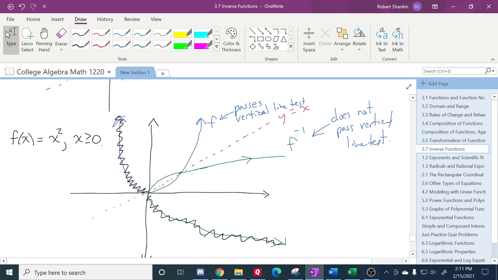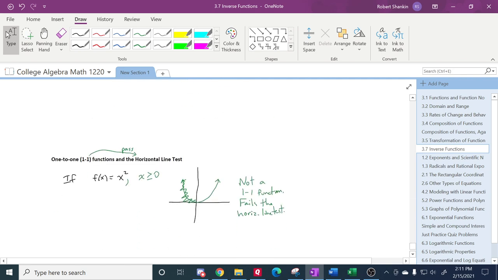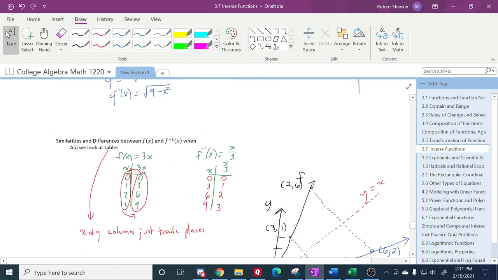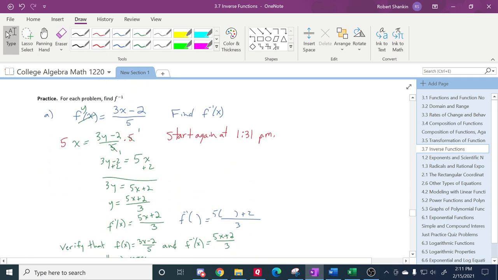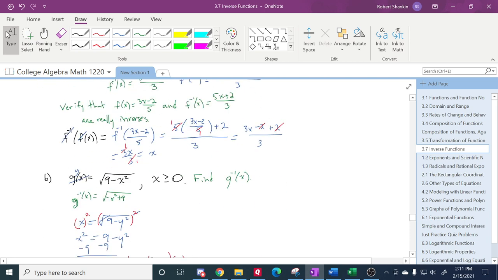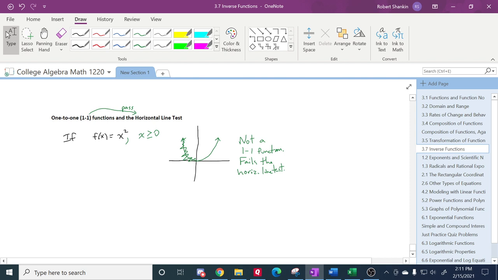X is greater than or equal to 0, so that they're getting rid of part of the parabola so that when I get the inverse function, it will also be a function. All right, so that's that. And inverses, for each problem, find f inverse. And that takes us really to the end here. So, are there any questions?